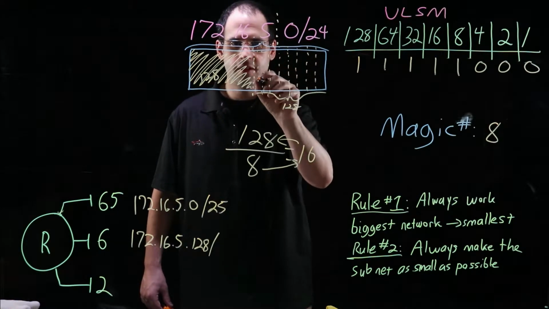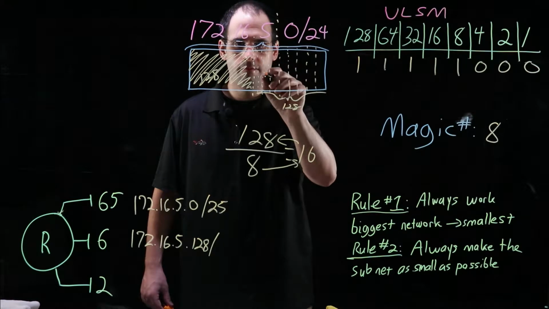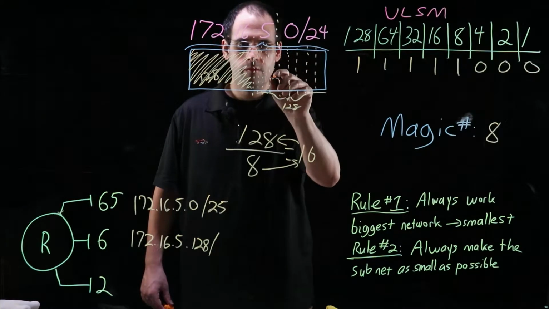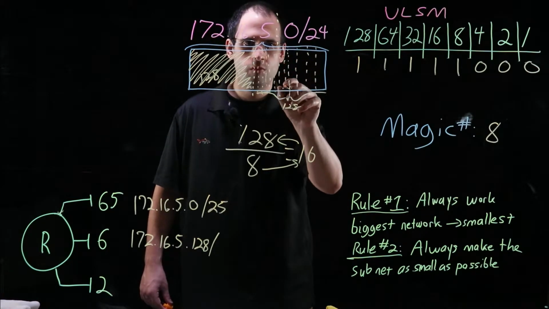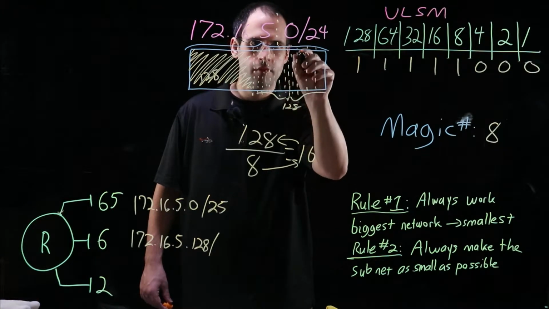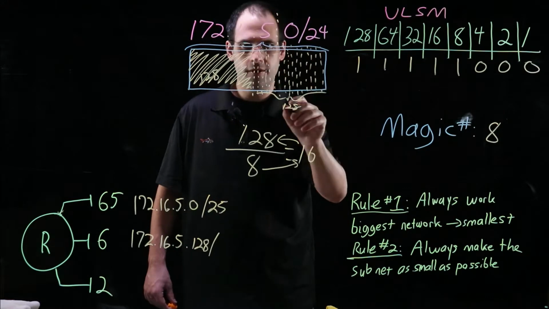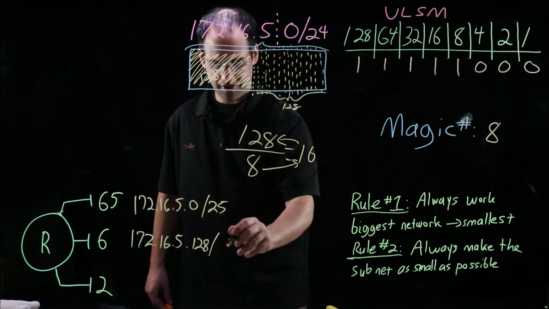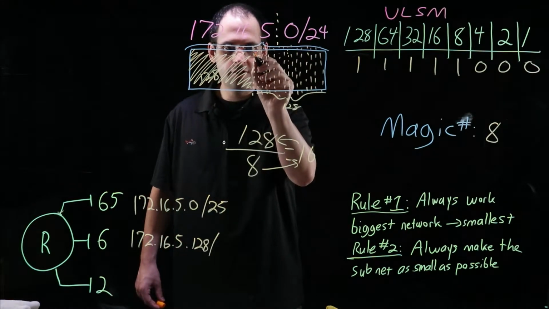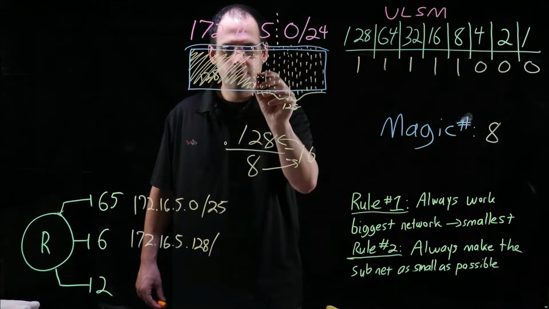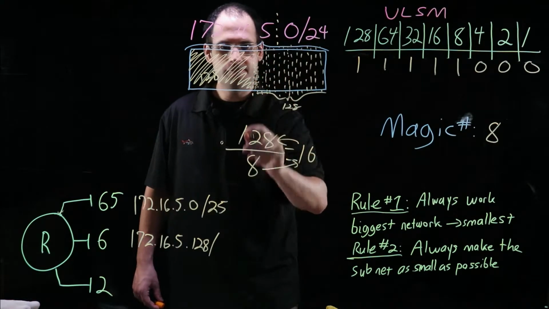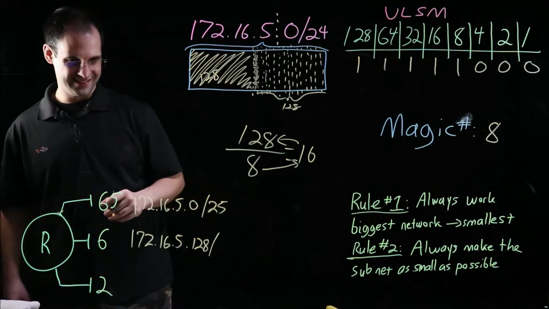And 16. 16 subnetworks, all right? And that means this guy here exists in this tiny little space right there, okay?